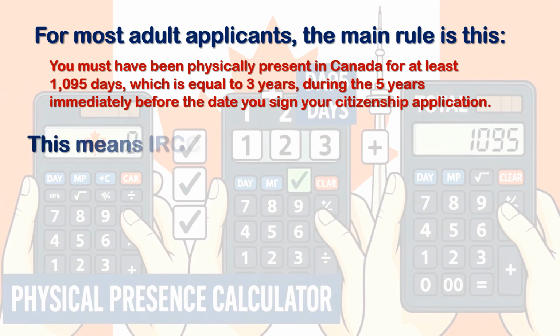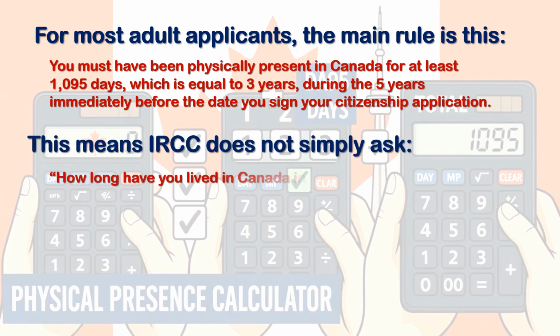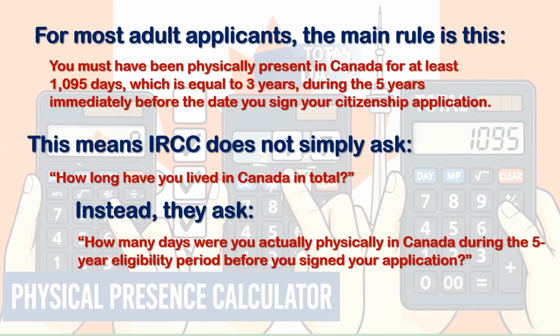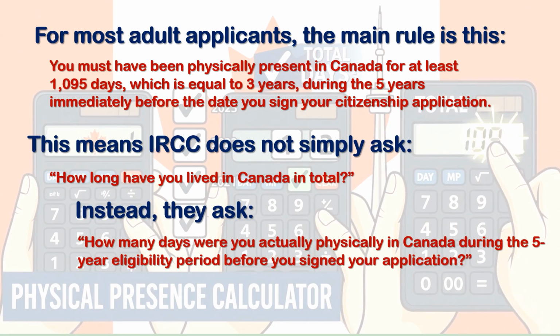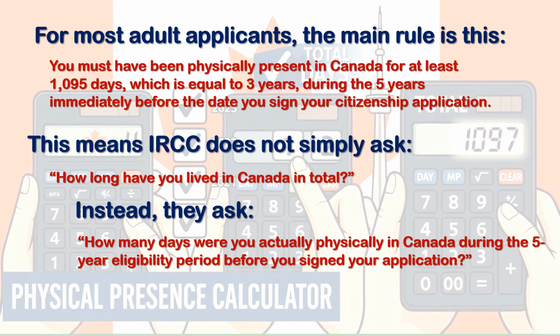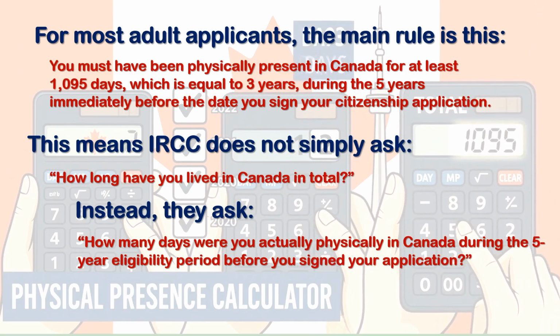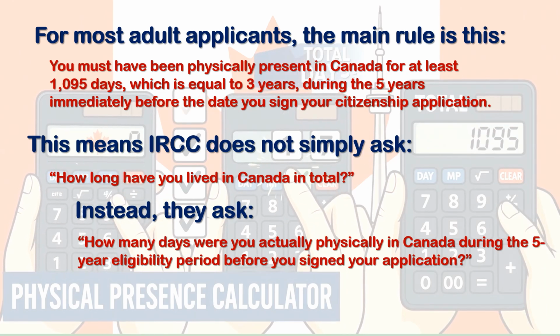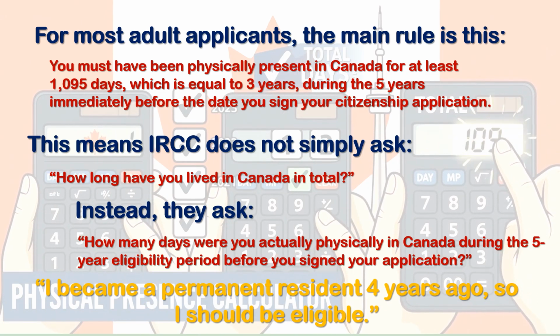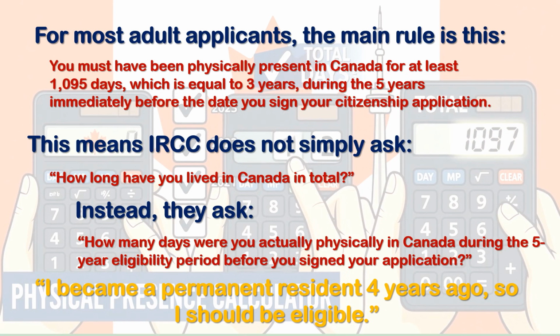This means IRCC does not simply ask, how long have you lived in Canada in total? Instead, they ask, how many days were you actually physically in Canada during the 5 year eligibility period before you signed the application? That difference is extremely important because some people think, I became a permanent resident 4 years ago, so I should be eligible.